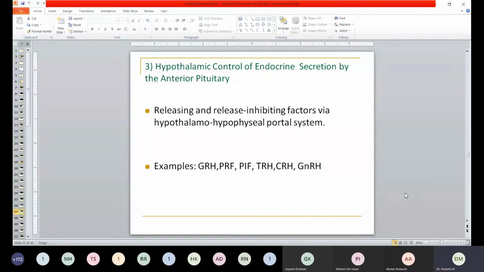Last one is gonadotropin releasing hormone, GnRH. It will act on the anterior pituitary and cause release of FSH and LH. So this is how the hypothalamus controls the secretion and release of hormones from the anterior pituitary. So for each hormone in the anterior pituitary, there is one releasing hormone and inhibiting hormone in the hypothalamus, which controls the release.